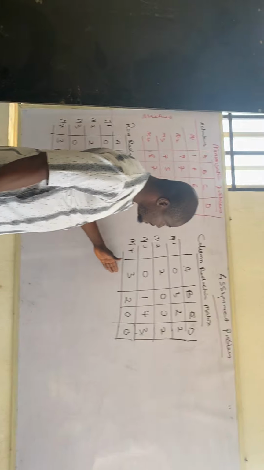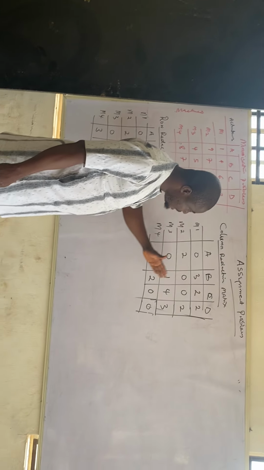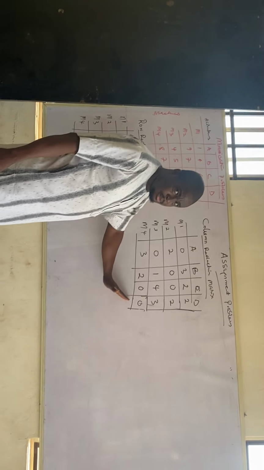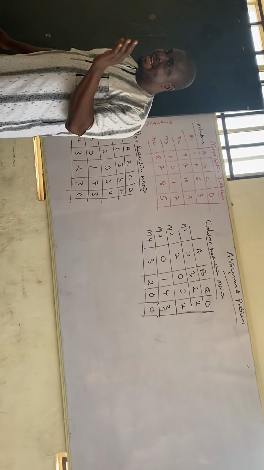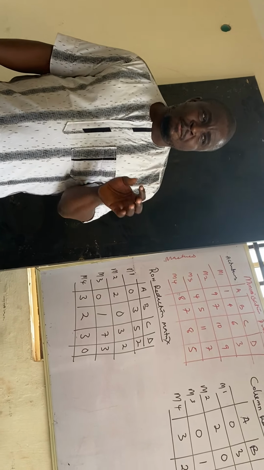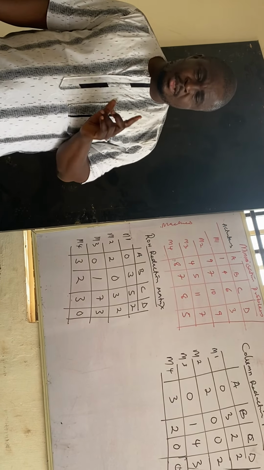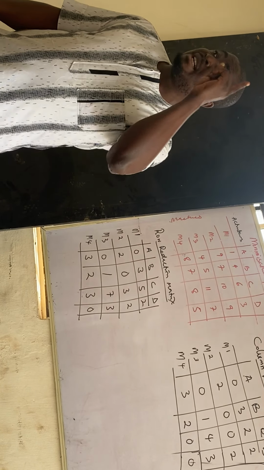If you cover this way, you will cover 1. If you cover this way, you cover 2. If you cover this way, you cover 1. Listen to the rule. You must cover all zeros with imaginary lines, and you first cover where you can cover the highest number of zeros. The number of lines must be equal to the number of activities.